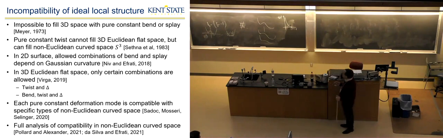The best you can do is to have some combination of twist and delta that could be uniform, or a uniform combination of bend, twist, and delta, and that's all. Other than that, there just isn't any director configuration that has the ideal thing.